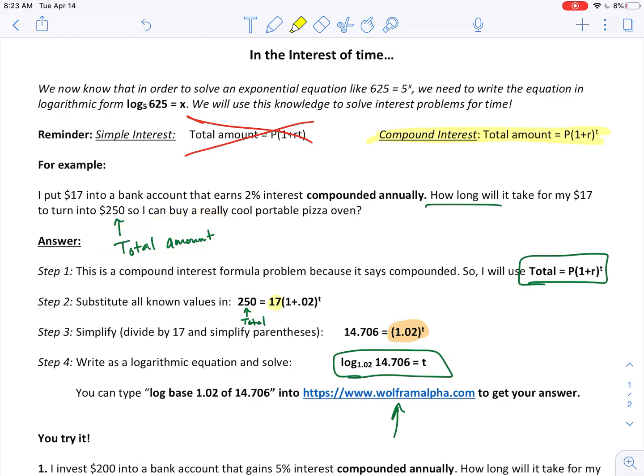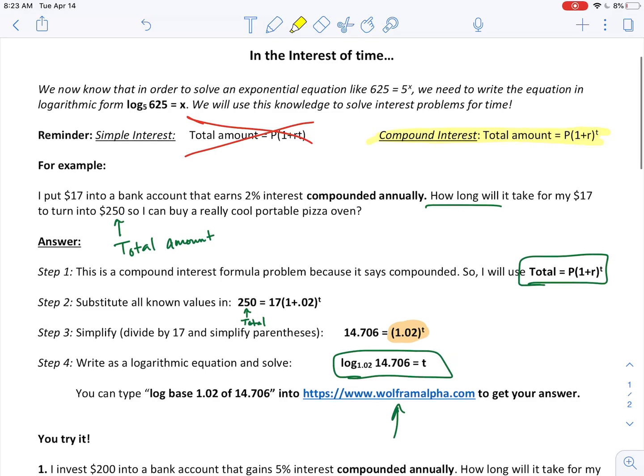This is my total amount, my first number. We saw that was 250 up here. And that's going to equal my principal, my initial amount of $17, times 1 plus the rate to the T.